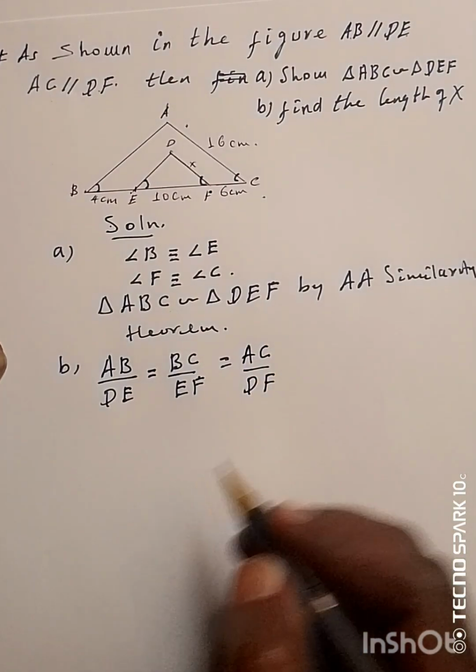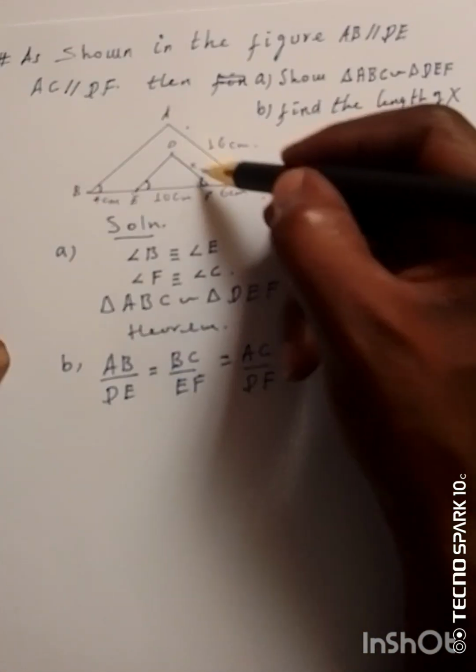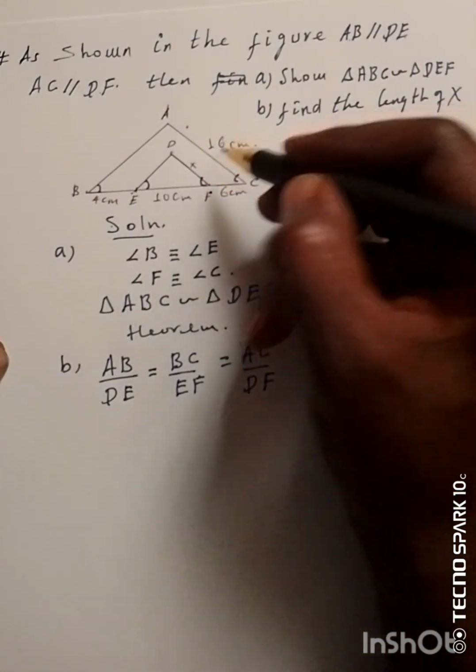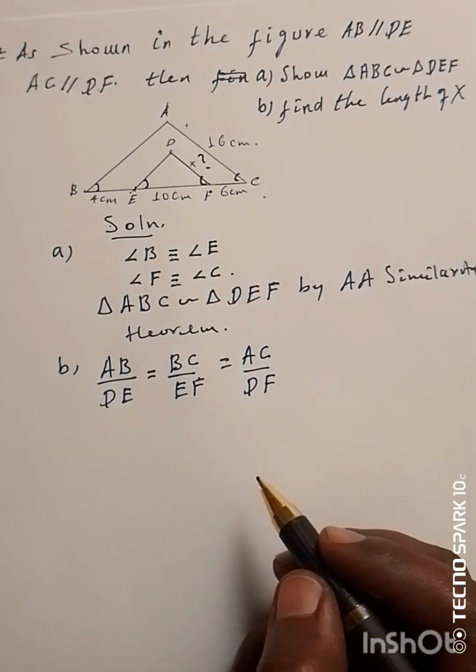Now we need to find the length of side DF, or X. We need to find the length of this side.